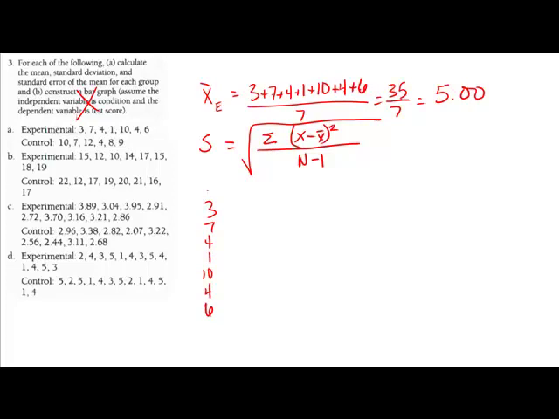There's my 7 numbers. X bar is 5. X minus x bar: minus 2, 4 minus 5 is 1, 1 minus 5 is negative 4, 10 minus 5 is 5, 4 minus 5 is negative 1, 6 minus 5 is positive 1. Now x minus x bar squared.